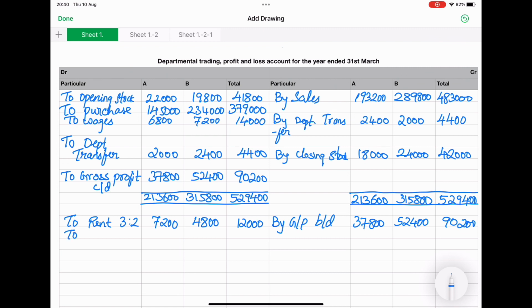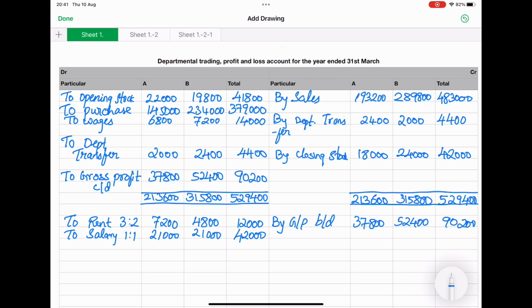Next, salaries. Salaries are apportioned on the basis of 1:1. So total salaries 42,000, apportioned 1:1, 21,000 each.